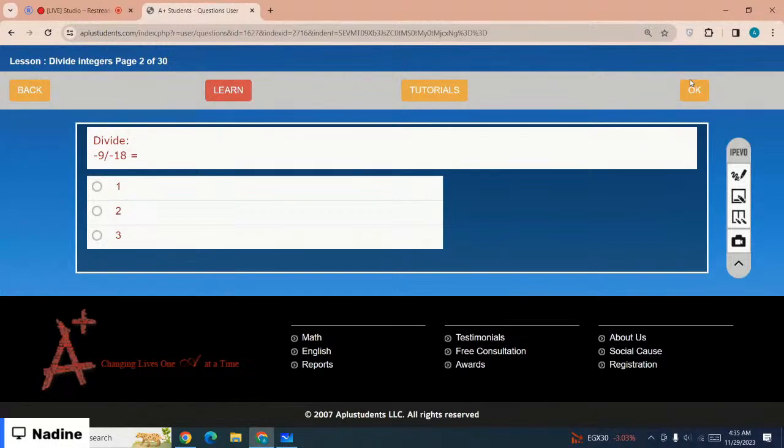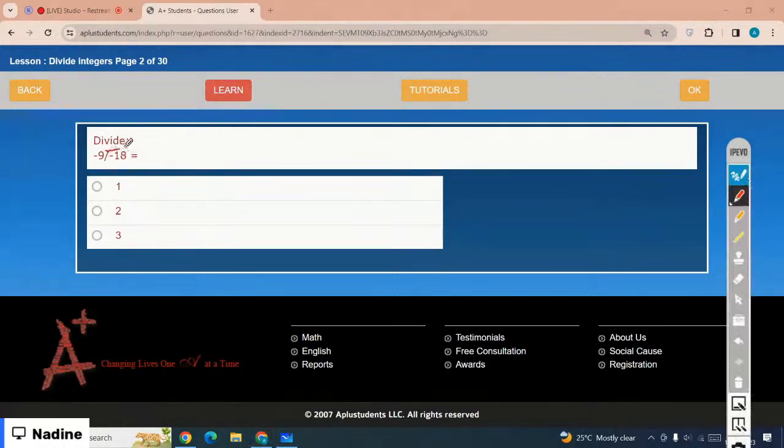No, not 0.5. You have to divide. That is a division sign, right? Negative 18 is divided by negative 9. That is the sign, like this, right? So the correct option is 2. You are dividing two negative numbers, the answer must be positive. So that is a 2. The division sign, you cannot see the complete one.